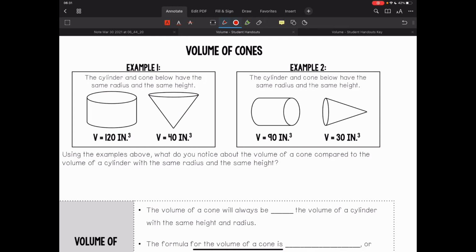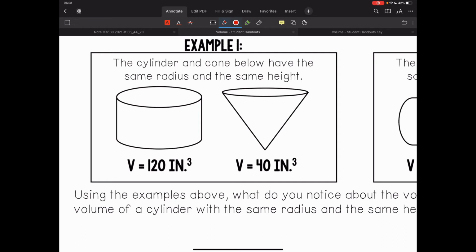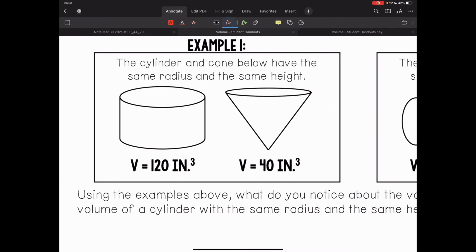We'll now turn our attention to the volume of cones. So here we have a cylinder and a cone. They both have the same base. So the diameter of this base and the diameter of that base are the same. Notice, right, the height of these is also the same.